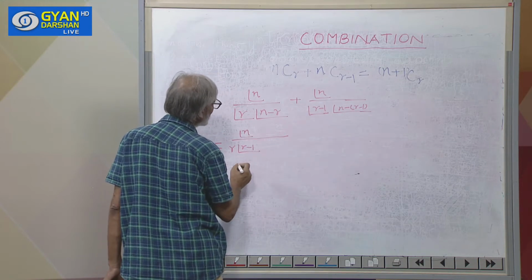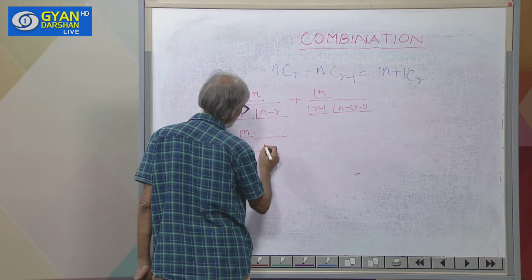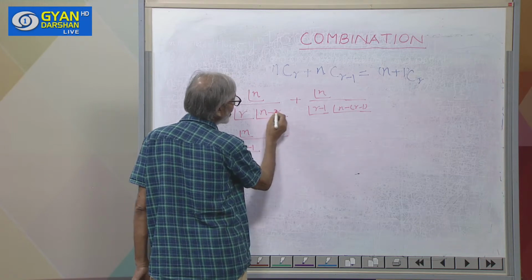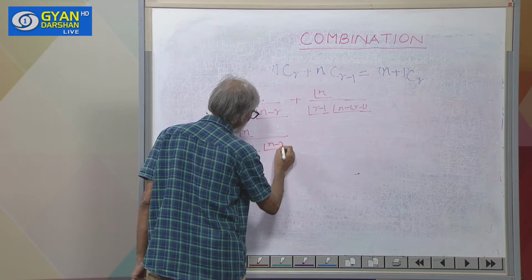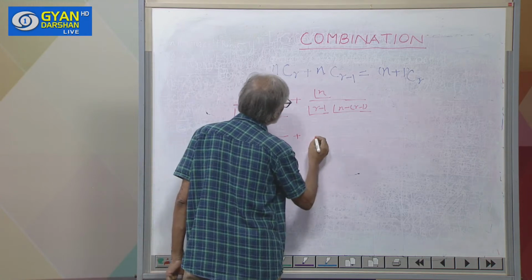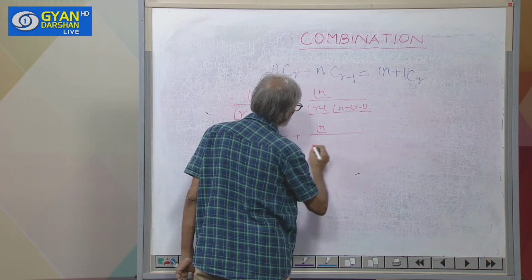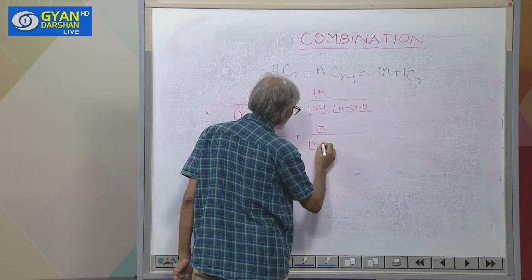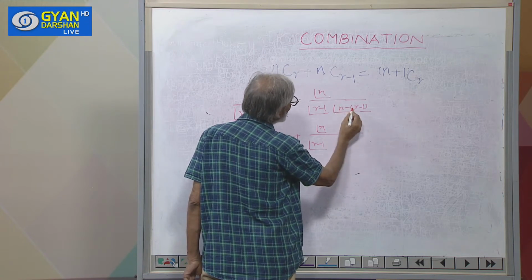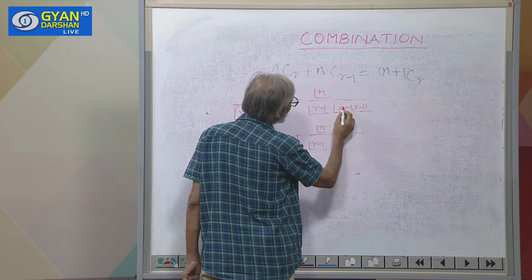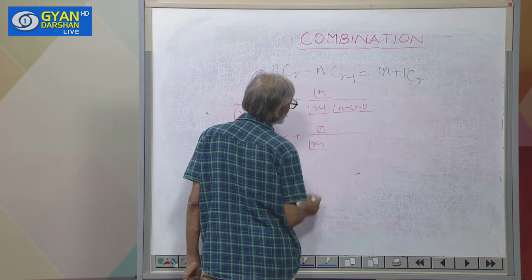I will write it like this, and this factorial n minus r as it is, plus factorial n divided by factorial r minus 1 into factorial n minus r, and if I open the bracket, n minus r, and minus minus plus 1. So, n plus 1 minus r, this will be.